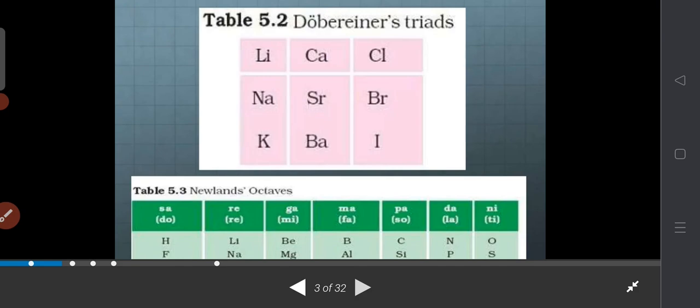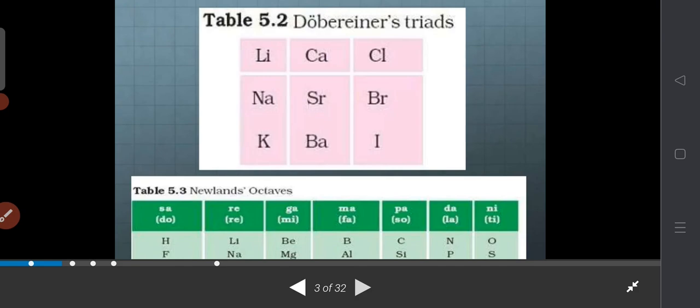In the case of Dobereiner triads, first lithium will come, then sodium, then potassium, calcium, strontium, barium, chlorine, bromine, iodine. But Dobereiner's triads did not give the whole concept for all the elements, which is why the next law came.